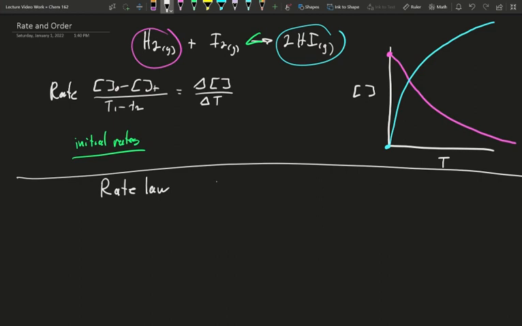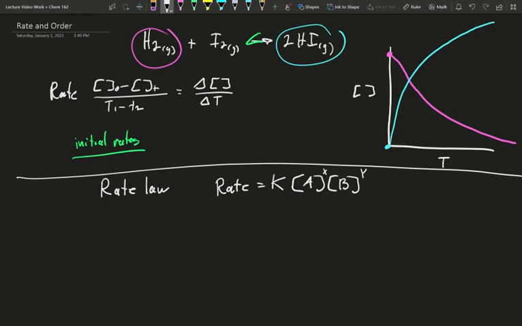Really just an equation that says that the rate is going to equal some constant for the rate times the concentration of your first species to some power times the concentration of your second to some power, and so on if you have more species.